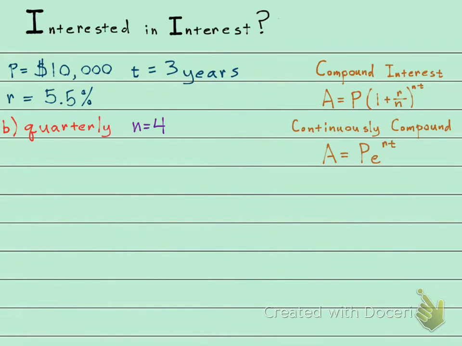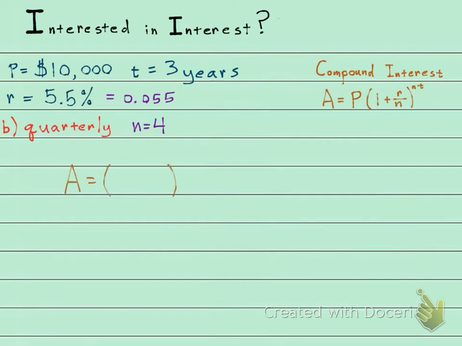Remember your rate as a decimal is 0.055. And now it's going to compound it 4 times a year. They're going to take that 5.5%, split it up 4 times, and they're going to do it after every 3 months. So let's start with our formula.